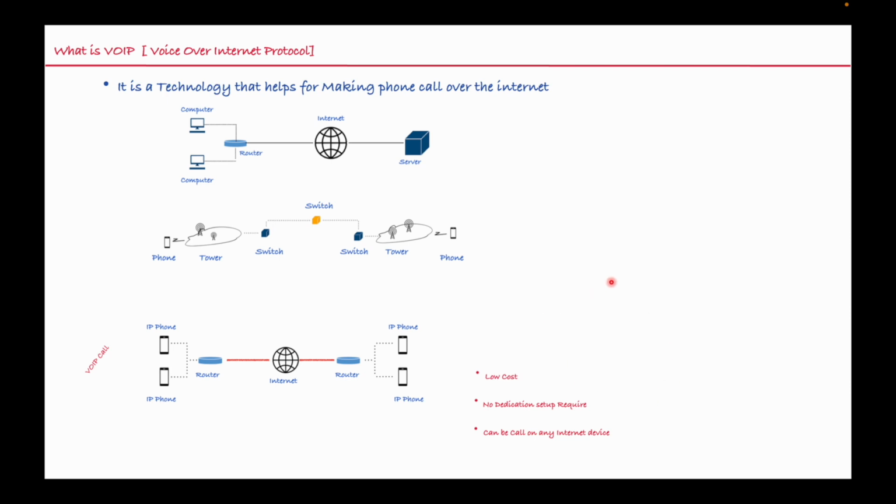The same cable we can use for making the call. Just insert this Ethernet cable into the IP phone, and we can make the call. So that is the bigger advantage of using the VoIP call.